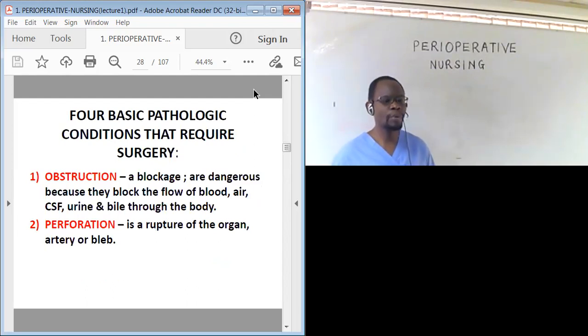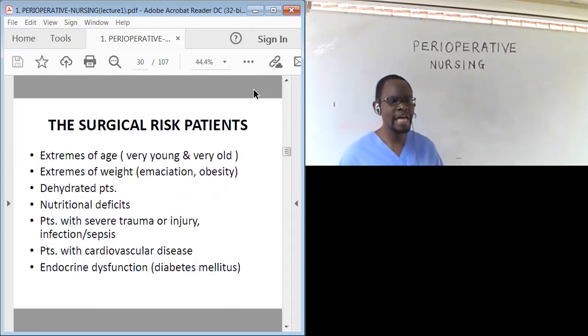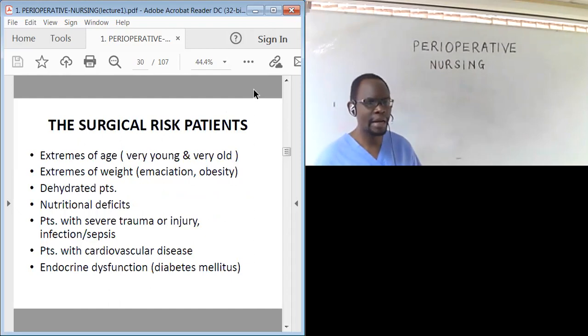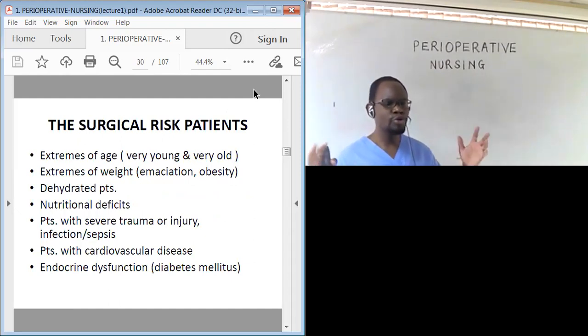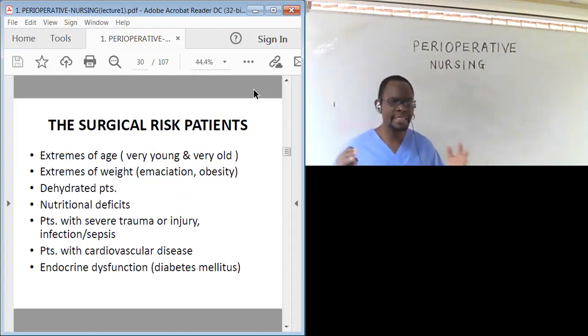And of course, we also look at the four basic conditions that require surgery. Conditions like obstruction, perforation, erosion, tumors, those are things that basically require surgery. And of course, we also need to know which people are basically at risk as far as surgery is concerned.